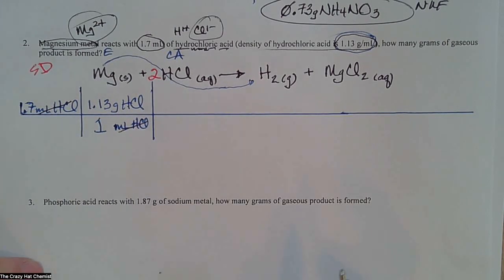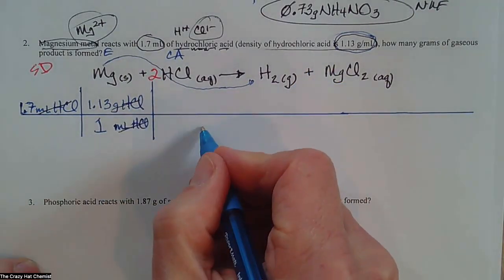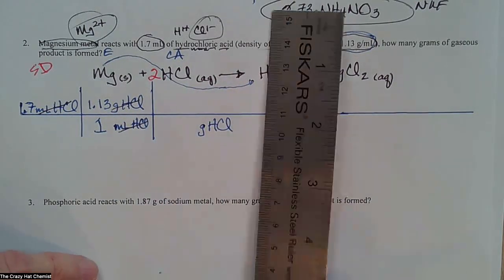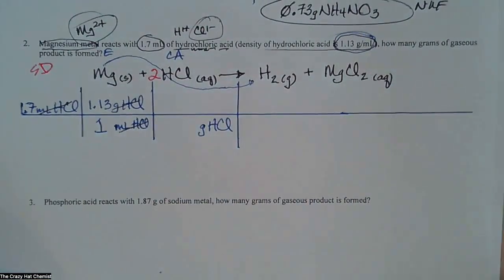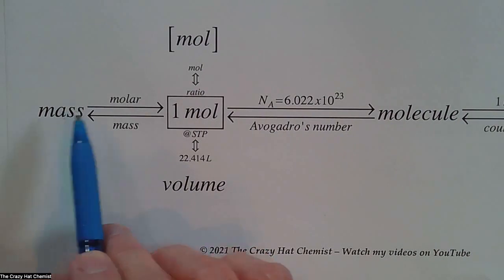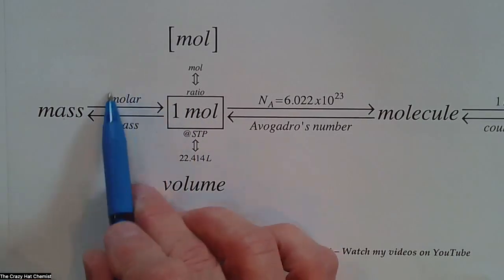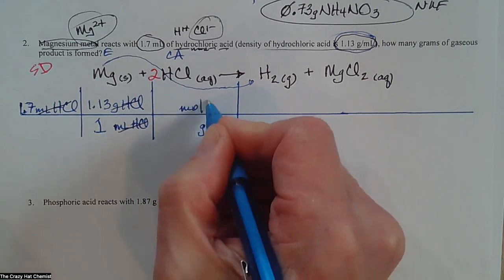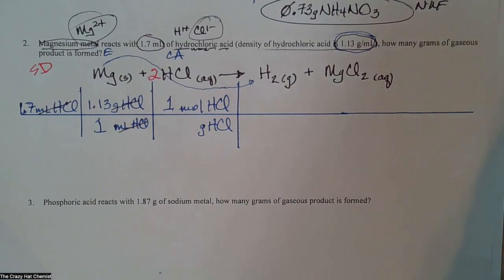What I mean by home free is that we are going to be canceling out the grams of HCl. So therefore, grams of HCl will be down here in the denominator. I'm going to draw my vertical stop for the next term. So now I have grams. I'm going to go from grams, that's a mass, to moles. It tells me what goes in the numerator and what I use as a conversion, the molar mass. So I'm going to go to moles of HCl, and it's 1 mole, and then I need to calculate the molar mass.